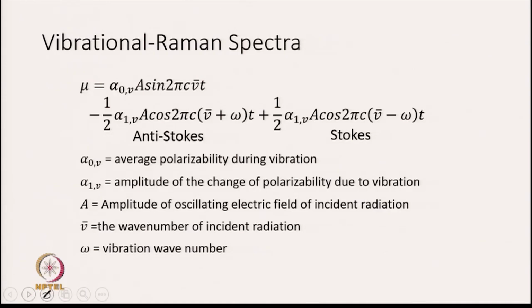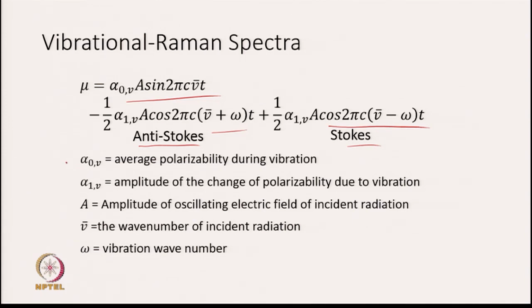So, if you multiply mu by E, what you are going to get is 3 different terms, and this I already explained to you in the rotational Raman spectroscopy. When wave number is nu plus omega, then you have anti-Stokes lines. When it is nu minus omega, then you have Stokes lines.